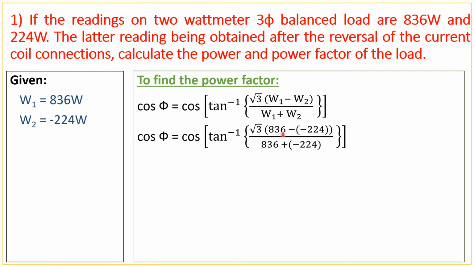So this will now be minus of minus is plus. So 836 plus 224 by W1 plus W2. So W1 is again 836 plus W2 is minus 224. So this will be 836 minus 224. So just apply the calculator and you'll get the answer as 0.316. So power factor in the given problem is 0.316.